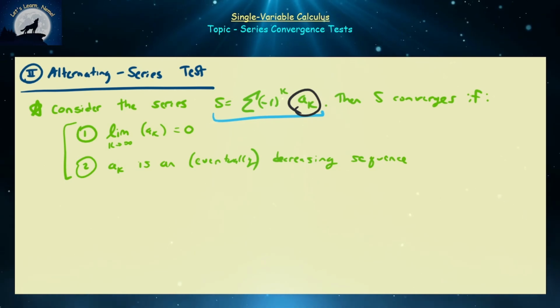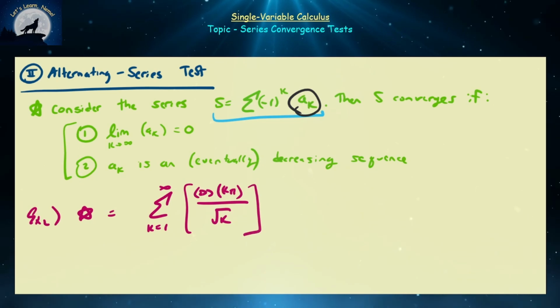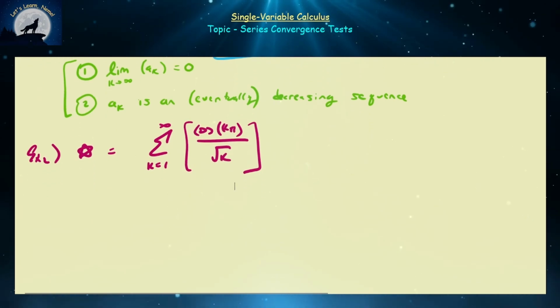So what are we going to have for this? Let's do a quick example to illustrate. Let's assume that we have the series, the sum from k is equal to 1 to infinity of the cosine of k pi divided by the square root of k. So if we take the cosine of k pi, what exactly would that be?